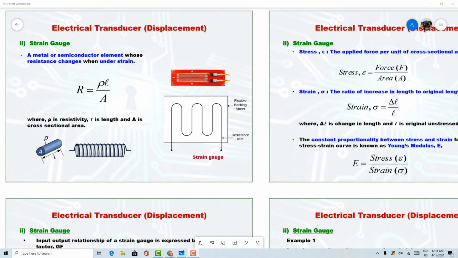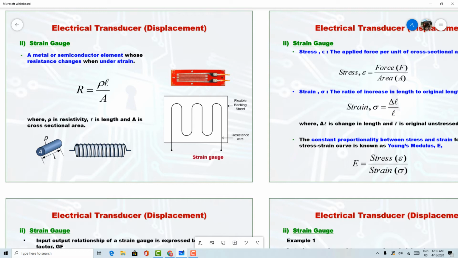Now we want to see the relationship between stress and strain. We can divide the stress and strain relationship into two. One is tensile stress and strain, and the second one is compression stress and strain. What's the difference between tensile and compression?